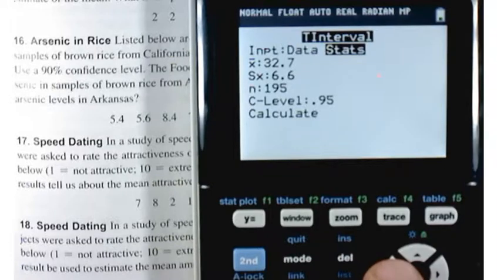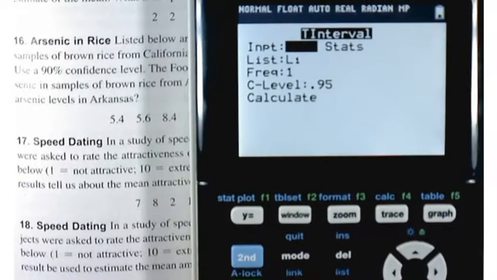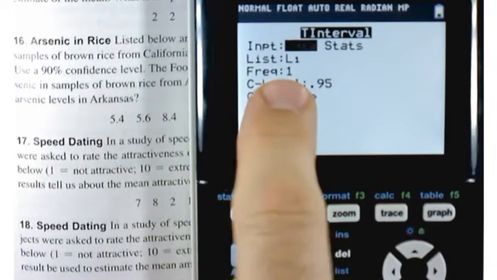This time, instead of entering the statistics like we did before, when we had the summary statistics for our last problem, we're going to enter it from data. So cursor over to data and press enter. Notice what happens, it changes things. Now it's asking where your data is.